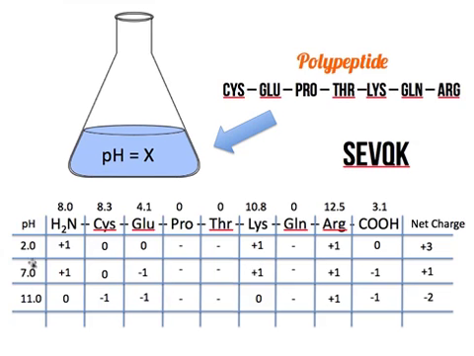Alright, next 11. Deprotonates this. Well, it's already deprotonated. It's an H2N. Now it's actually going to pull the H away this time because 11 is higher than this. It's actually going to get that H off of that S. Alright, the glutamic acid of 4.1, it's going to pull one of the H off the OH.